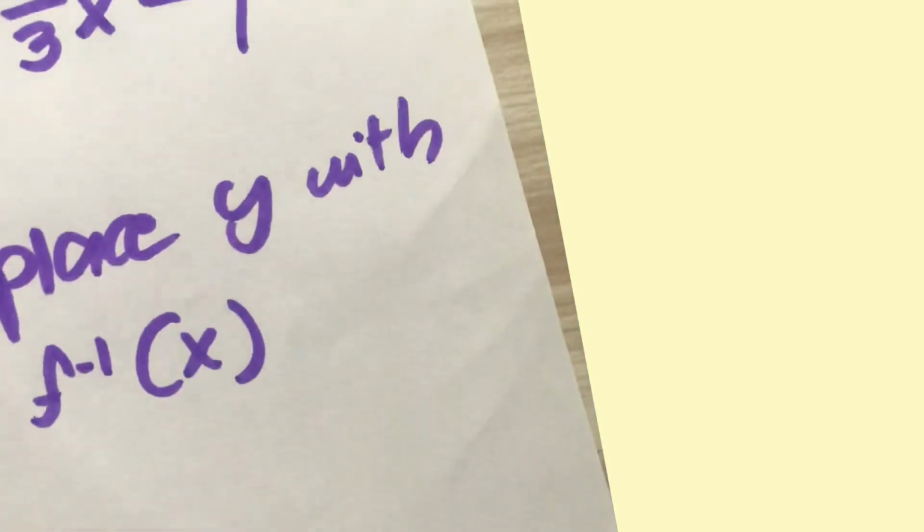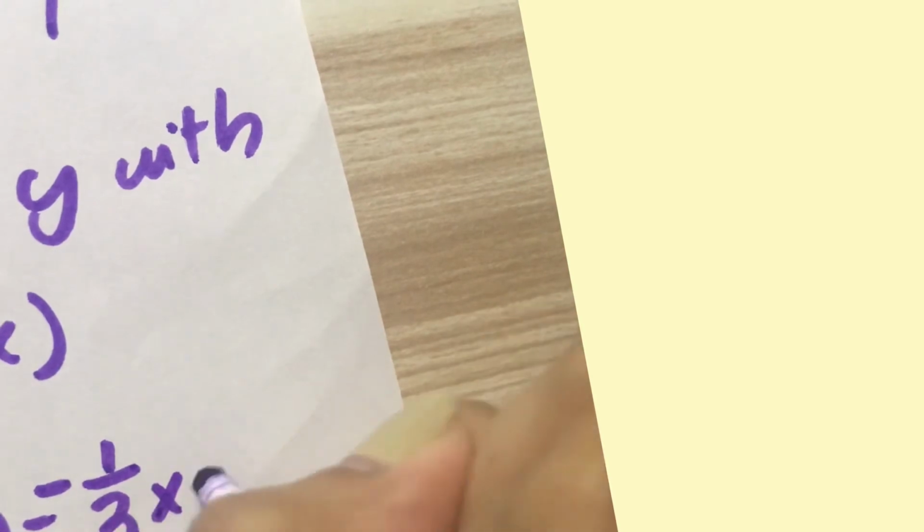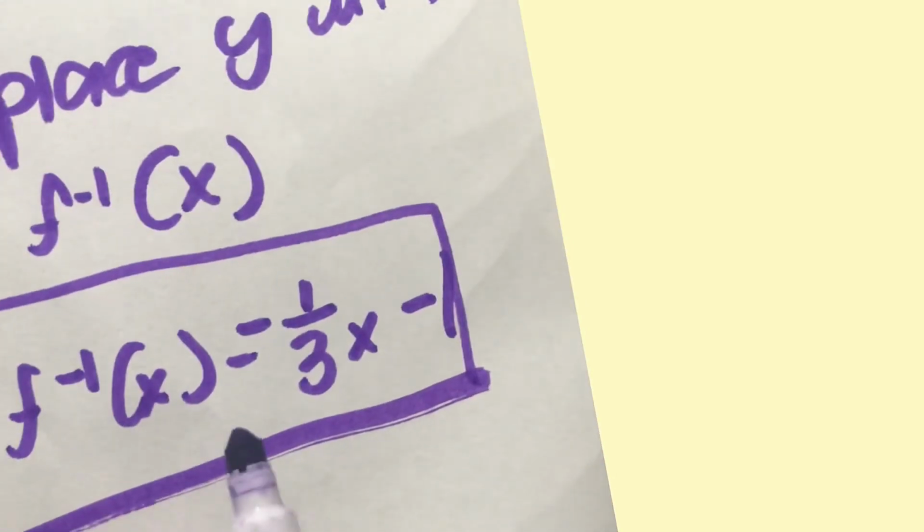Now the next step is to replace y with f negative 1 of x. So f negative 1 of x is equal to 1 over 3x minus 1. And this is already our inverse function.